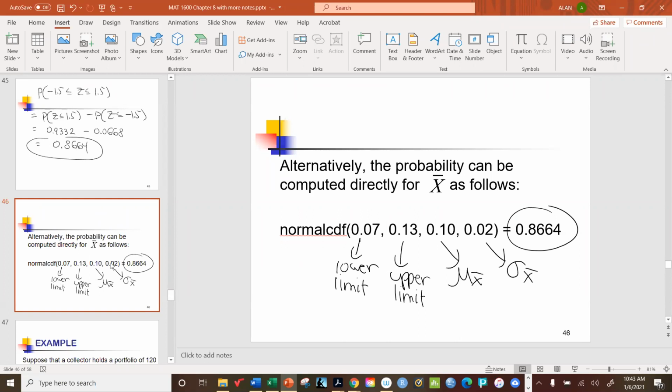So you've got multiple options here for calculating these probabilities. But the only real difference here between this discussion and chapter 7 is that you have to figure out for yourself these two values. That's essentially the main difference between the two cases.